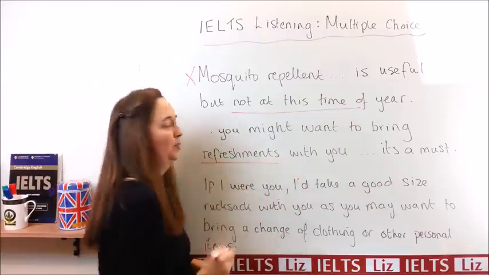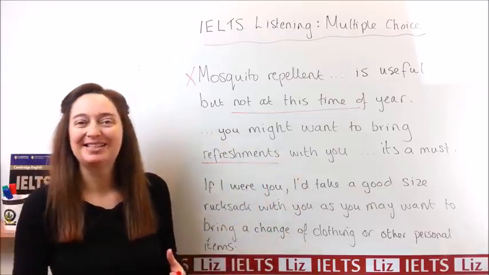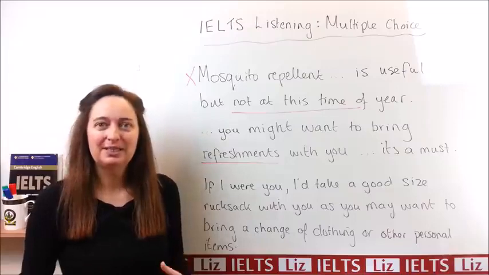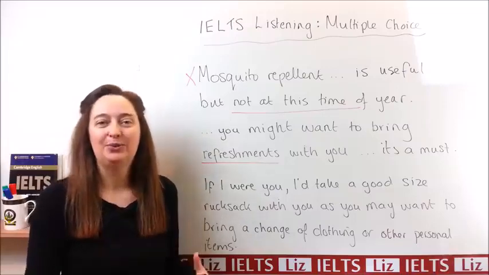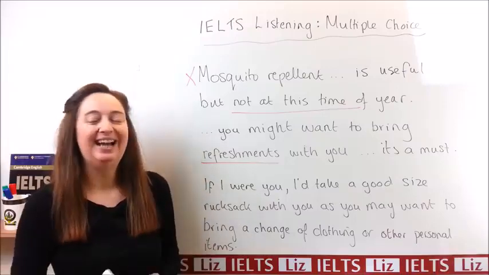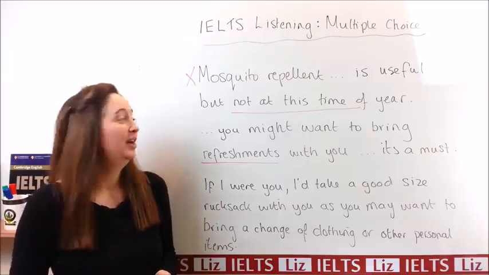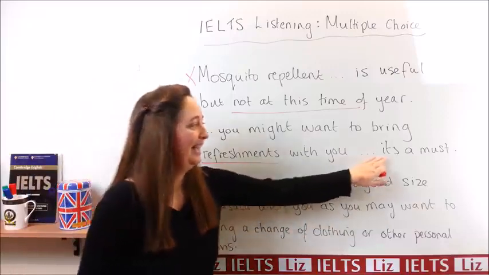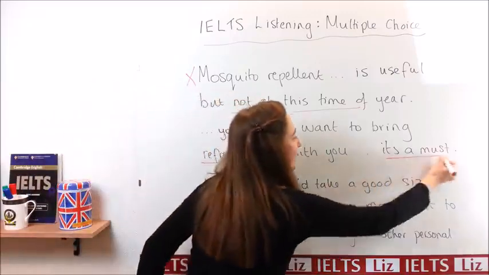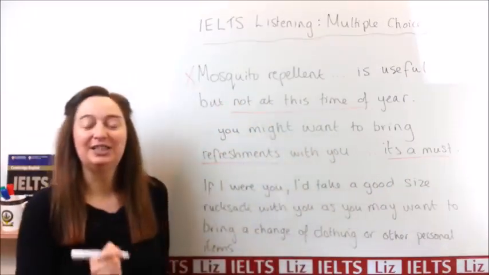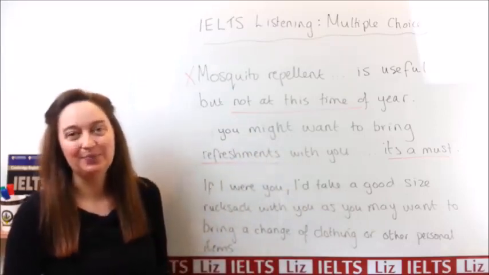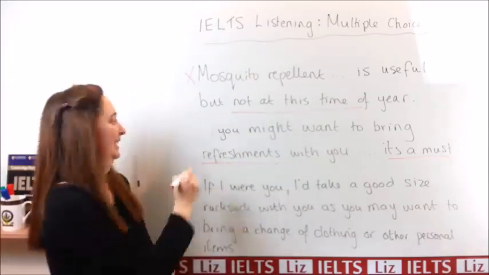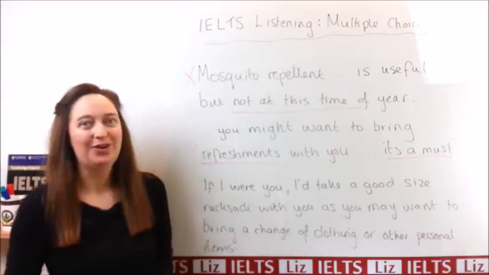Now, the word refreshments, what does it mean? Well, refreshments means food or drink, and that was one of our answers. So it says you might want to bring food and drink with you. It's a must. And that means you really should take it with you. So food and drink is one of our answers.